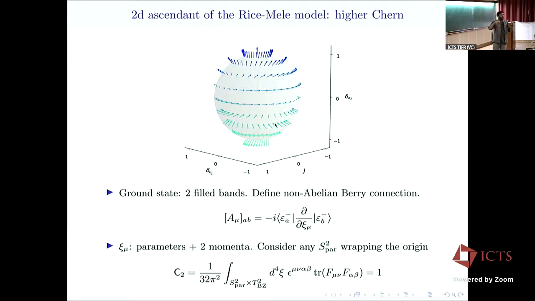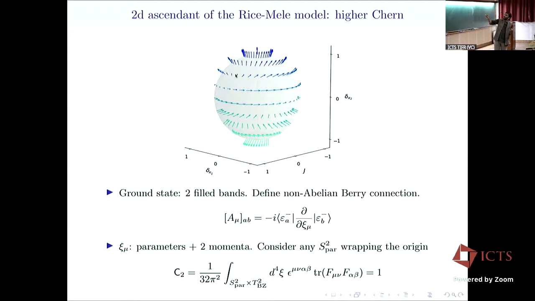So to bring out the texture that I promised, what we need to do is take the 2 filled bands, and now we have multiple bands. So the appropriate thing to construct is a non-abelian Berry connection. So I construct a non-abelian Berry connection over, once again, the 2 momentum directions and the parameters. And if I enclose a sphere, I can now define the second Chern number, which is something that one needs to integrate over a 4-dimensional manifold.